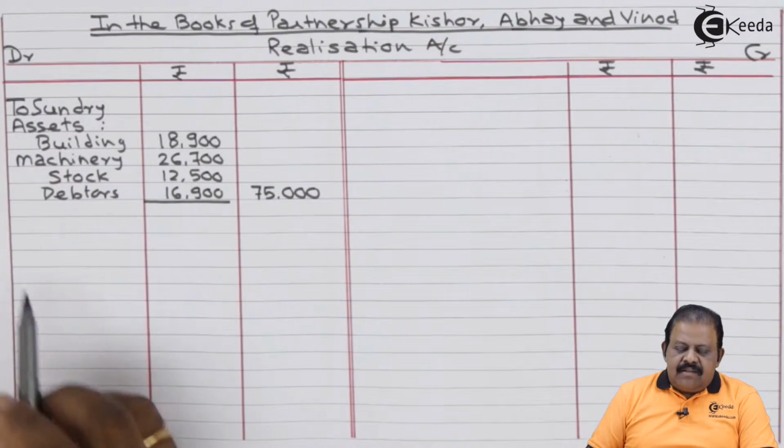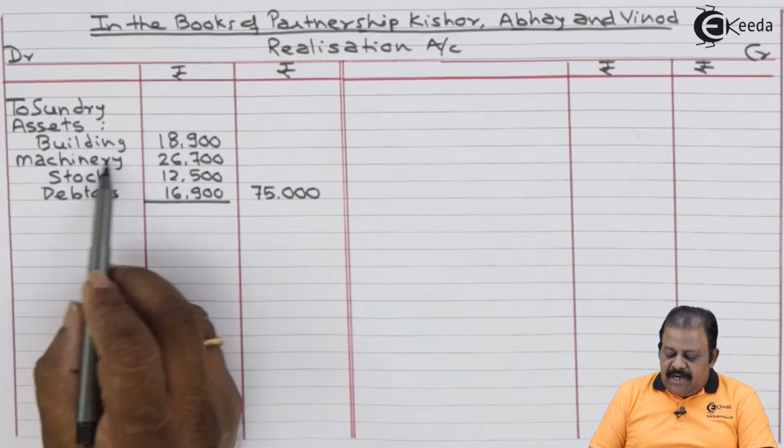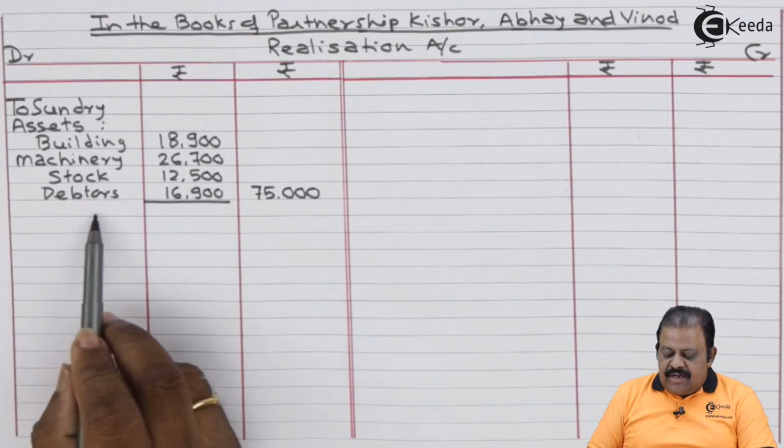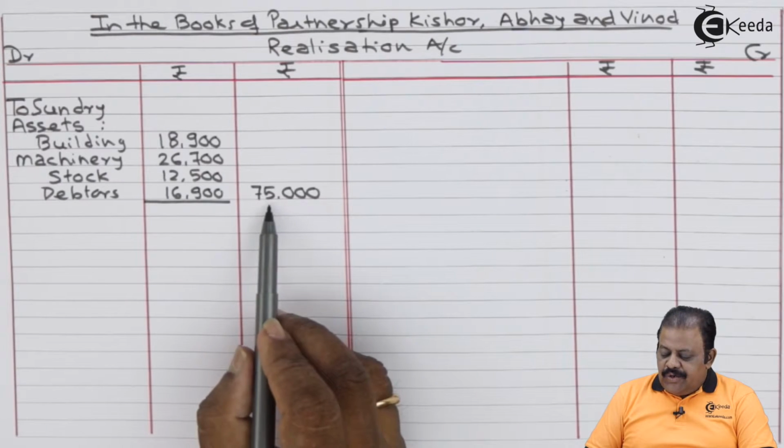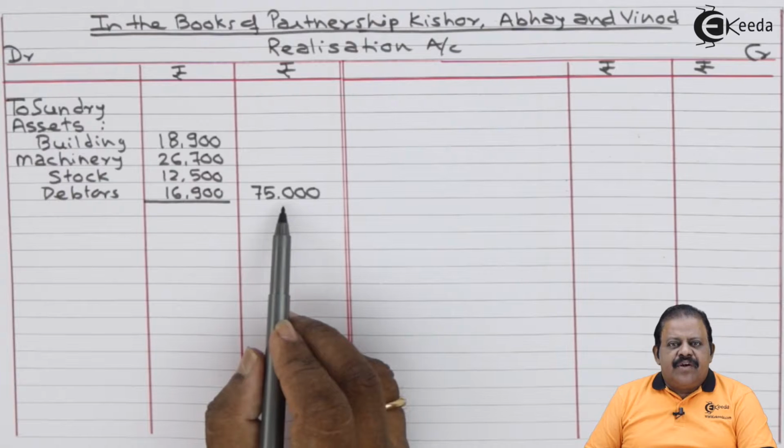Realization account debit side, to sundry assets, building, machinery, stock, debtors. Total book value transferred is 75,000.